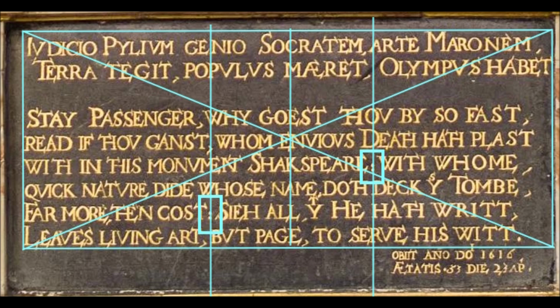So I did it this way, and then looked for the center of this box, which is right on the word envious there, and it cuts through the K in Shakespeare, which is nice. So it seemed like we were getting somewhere interesting. Let's take all these lines away. It's getting a bit cluttered here.